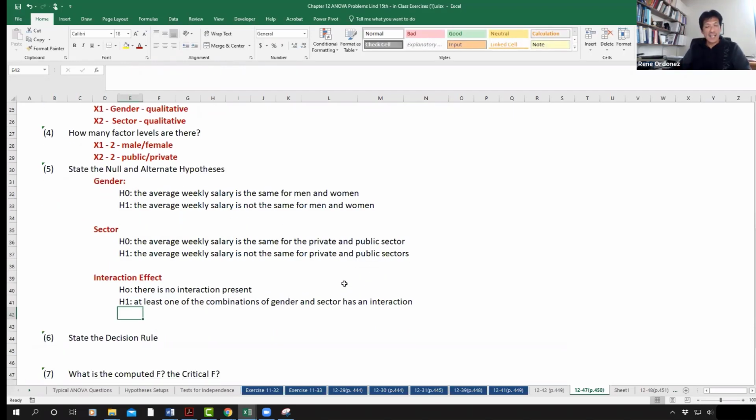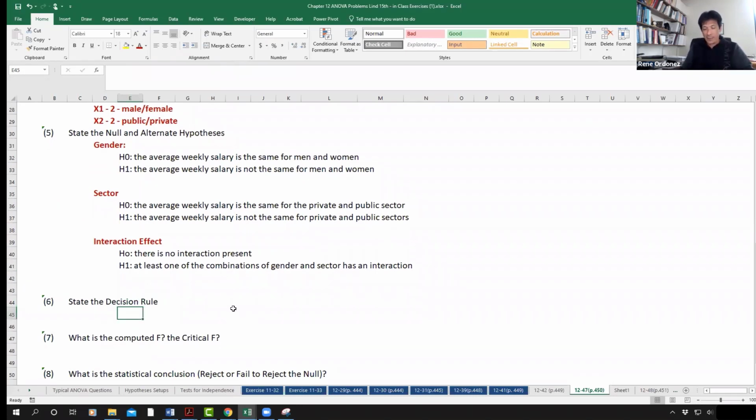And as far as the decision rule, again, we will say reject H0 if the computed F is greater than the critical F, or if the p-value is less than alpha.